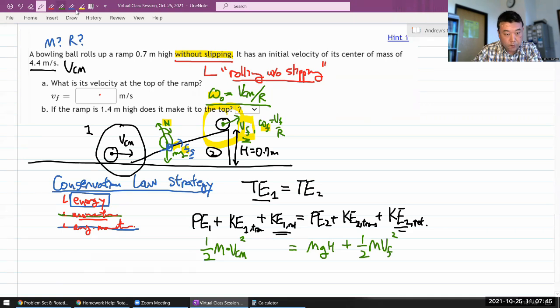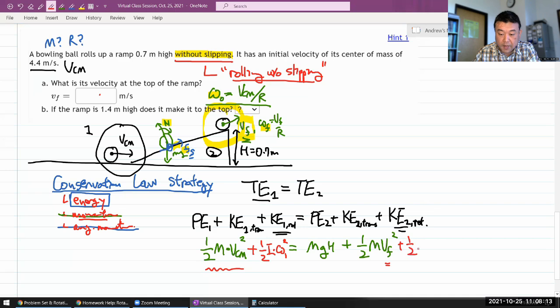So the form of the rotational kinetic energy is analogous to the translational kinetic energy. It'll be 1/2 the rotational version of inertia, or rotational inertia, times angular velocity squared, angular velocity at snapshot 1. And for snapshot 2, since it has non-zero final velocity, it'll have non-zero final angular velocity.